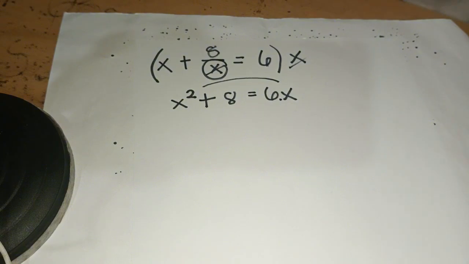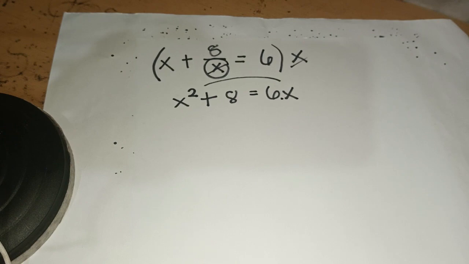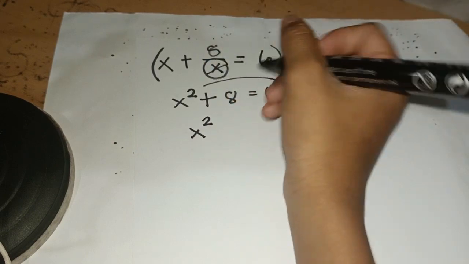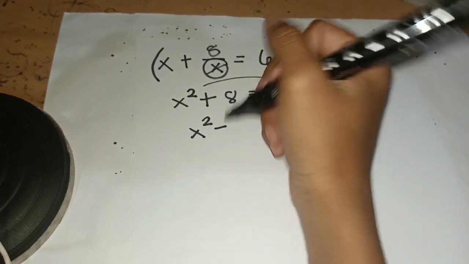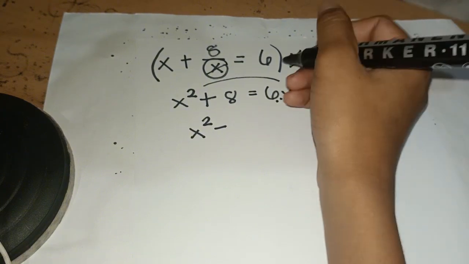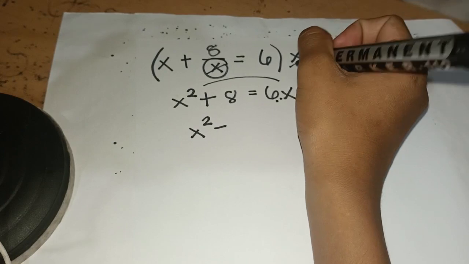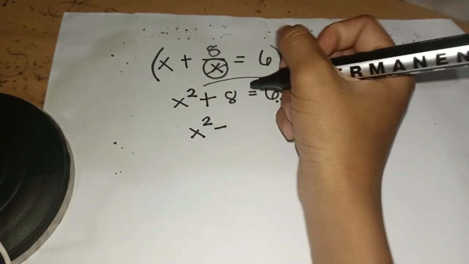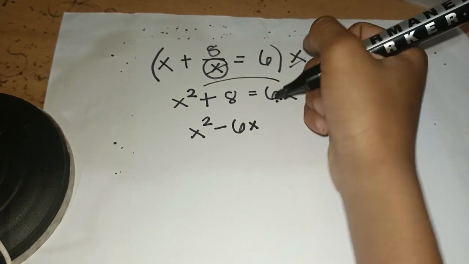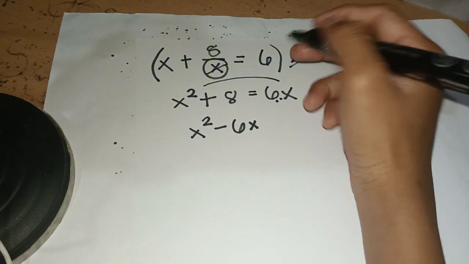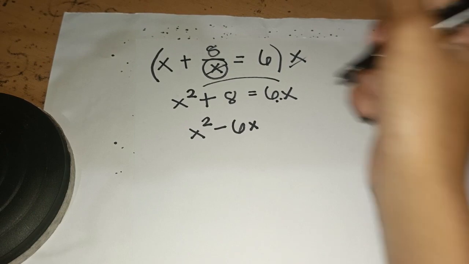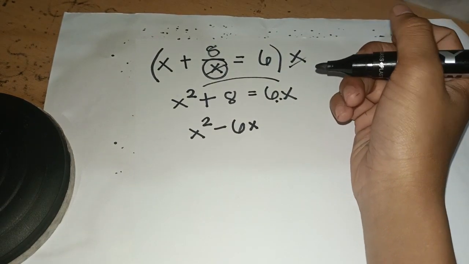Since we now have a quadratic equation, it's going to be x squared minus 6x, because the 6x becomes negative since we moved it from the right side to the left side, plus 8 equals 0, and put it in standard form.